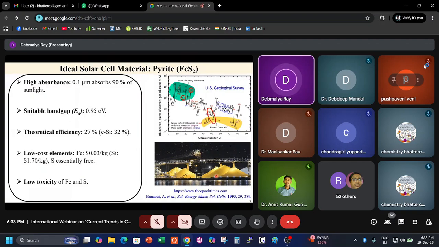For example, this picture shows the sulfur pile that is accumulating as part of the petrochemical industry waste in Vancouver, Canada. So if we can recycle this sulfur and make iron disulfide type materials, we would actually be solving an environmental problem. And iron and sulfur are much less toxic than elements like cadmium or lead, right?